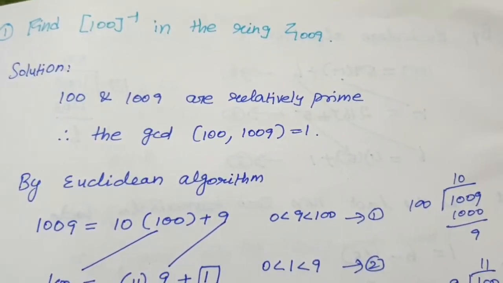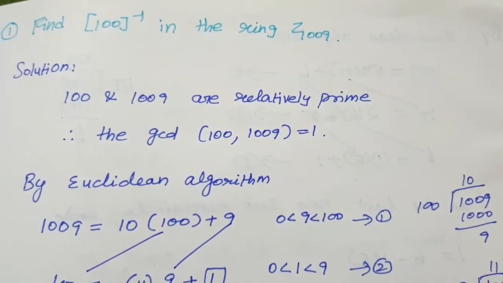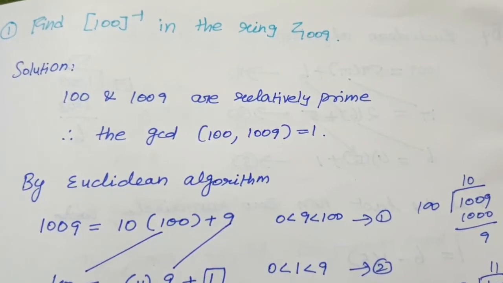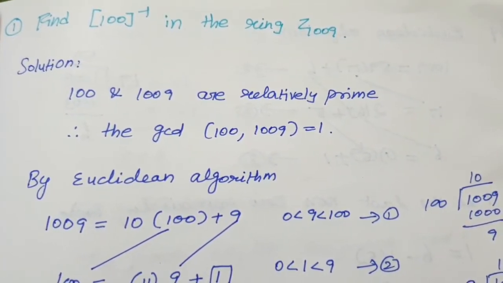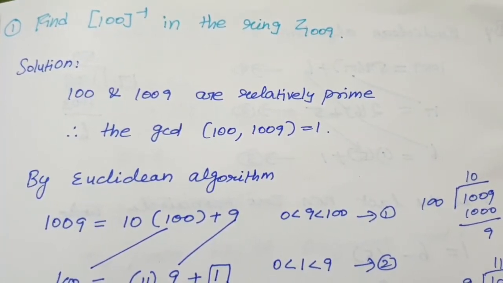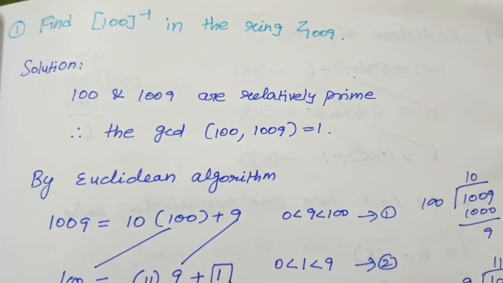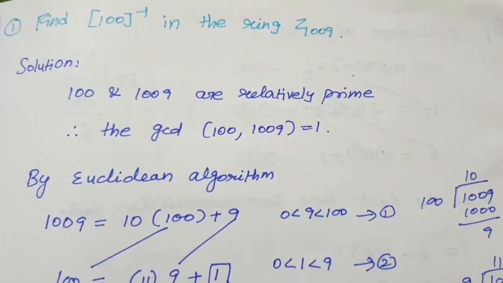In this problem they asked to find the inverse of 100 in the ring Z1009. We know that there is no common divisor between 100 and 1009, therefore they are relatively prime, and the GCD of 100 and 1009 is equal to 1.